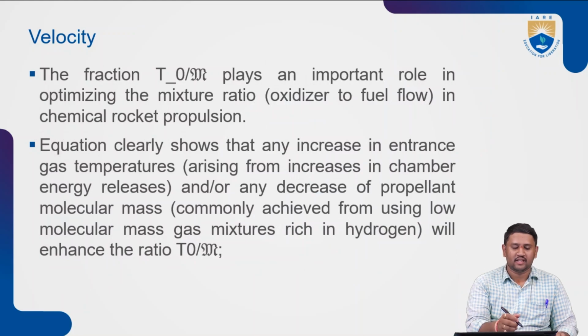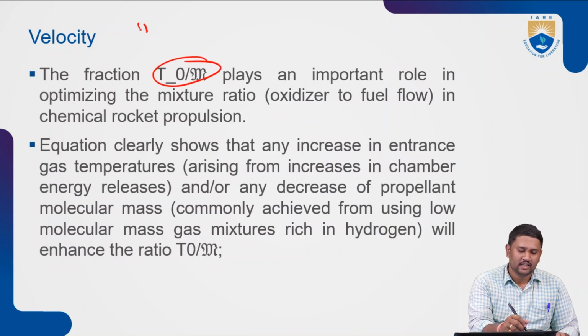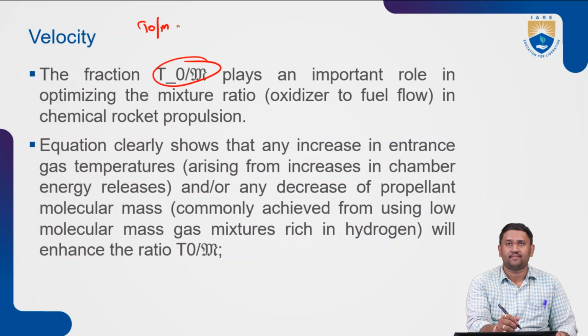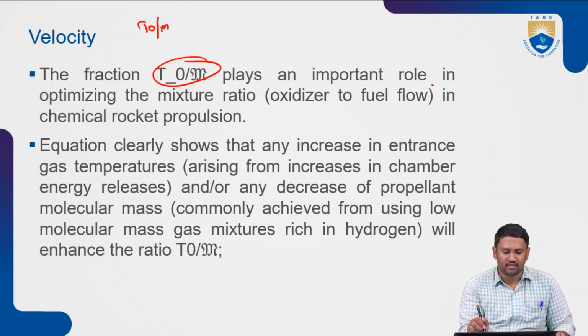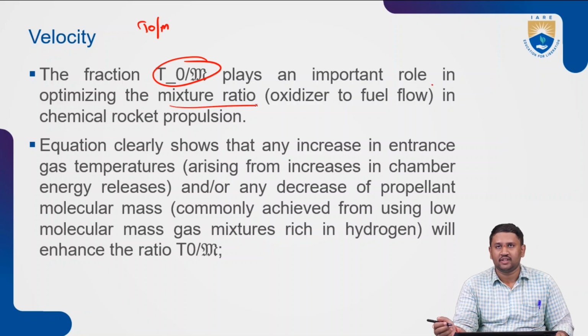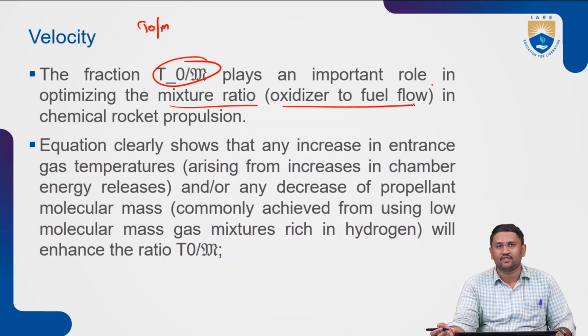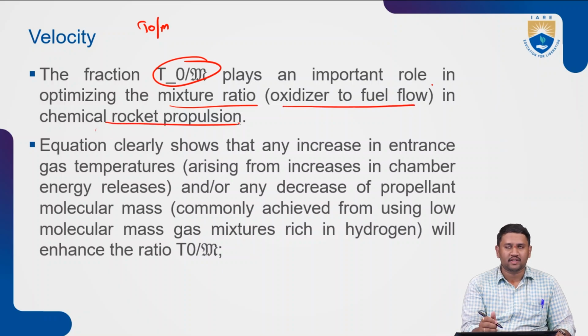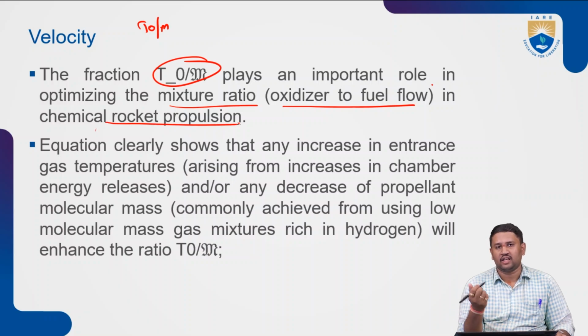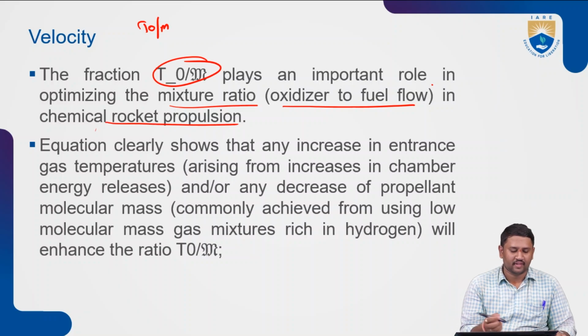Let us understand this. A fraction, T0 by M, plays an important role in optimizing the mixture ratio, which is nothing but the ratio of oxidizer to fuel flow in any chemical rocket propulsion, be it solid or liquid.